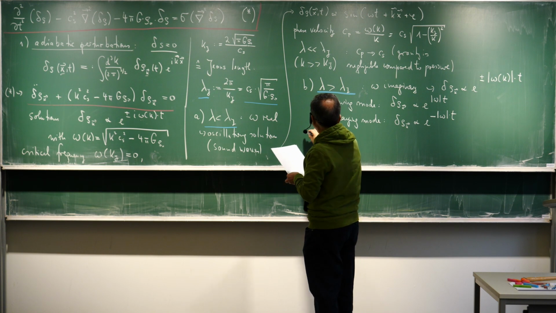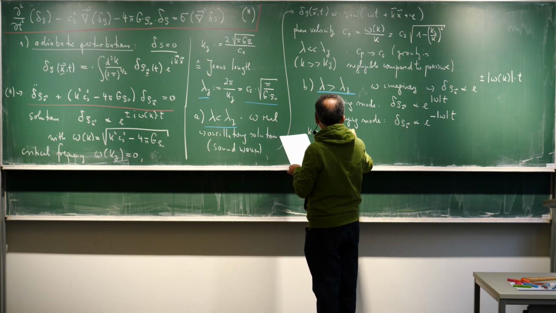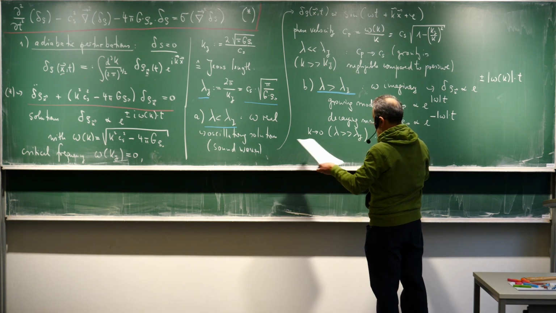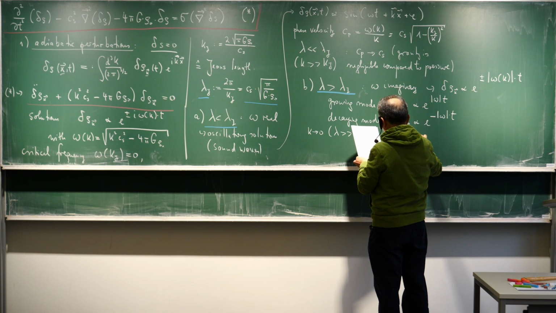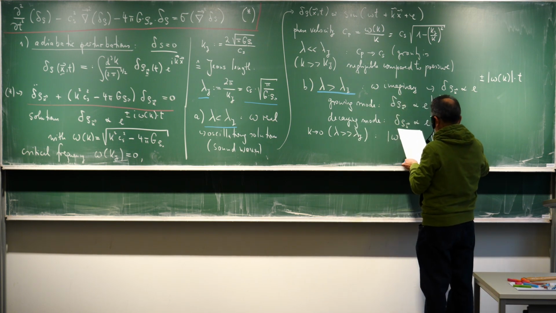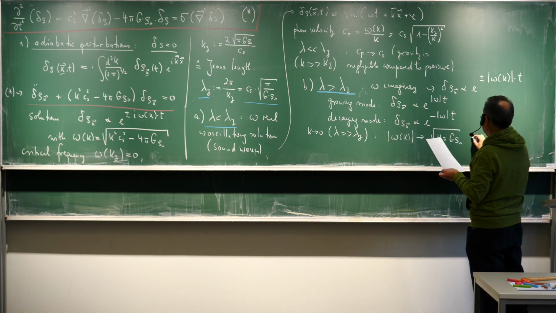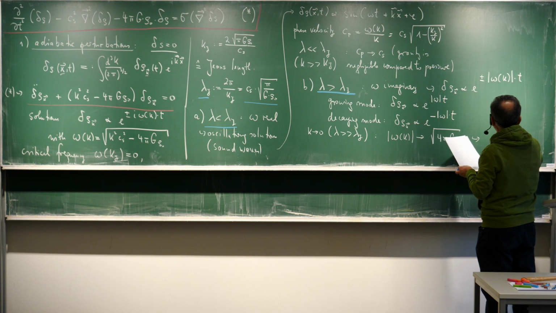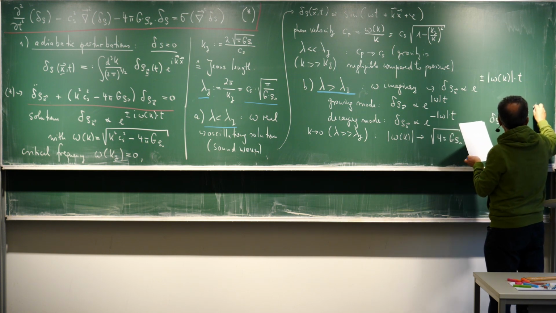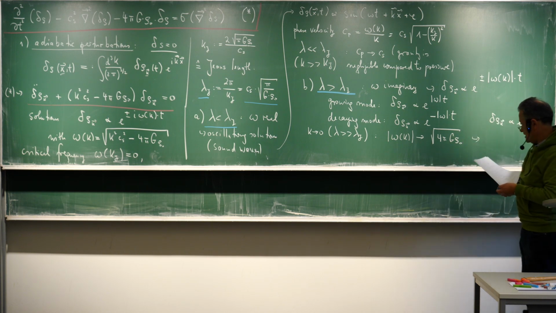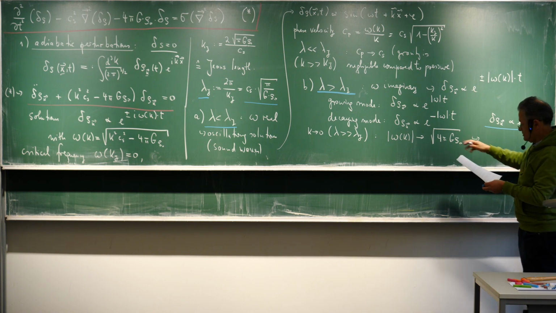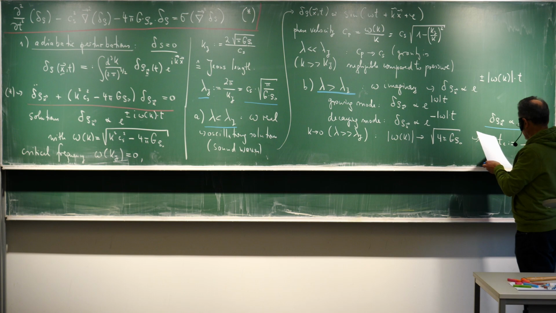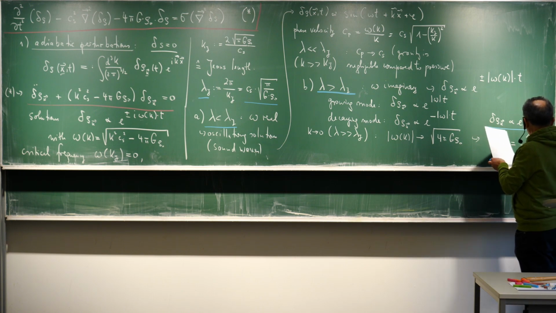So in the limit k to 0, which means lambda is much bigger than lambda J, just the opposite limit, we have the absolute value of omega, which is imaginary, is just the square root of 4 pi G rho naught. And from that, if you insert that here, delta rho k is proportional to e to the plus or minus t over a critical time tc. And that critical time tc is defined from this expression: it is 1 over the square root of 4 pi G rho naught.